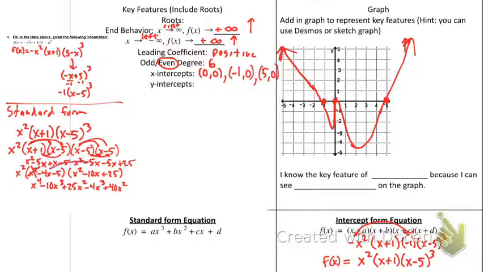And then negative 4x times 25 is negative 100x. Okay, we are done with this.